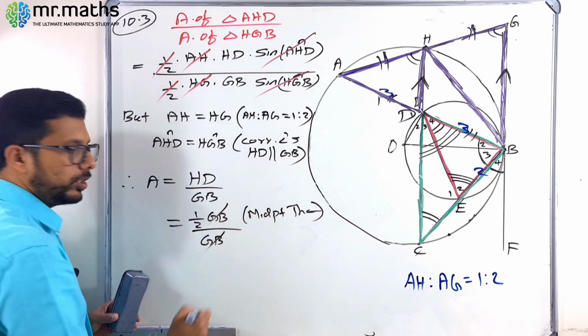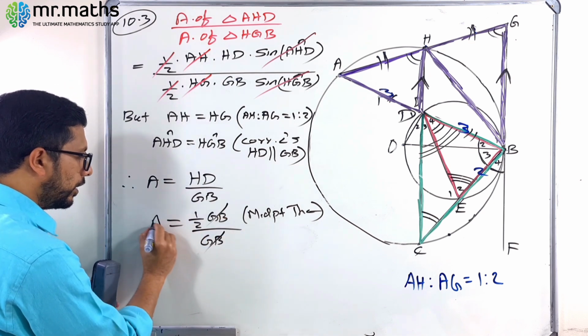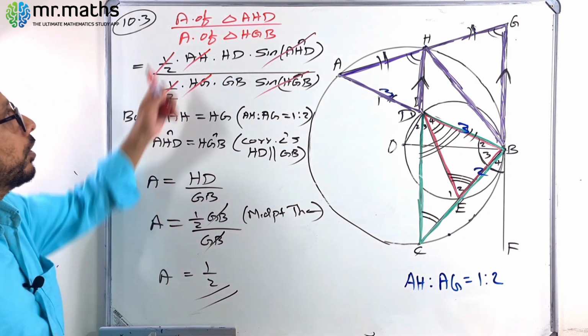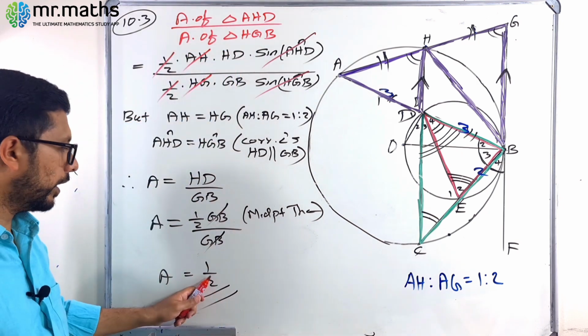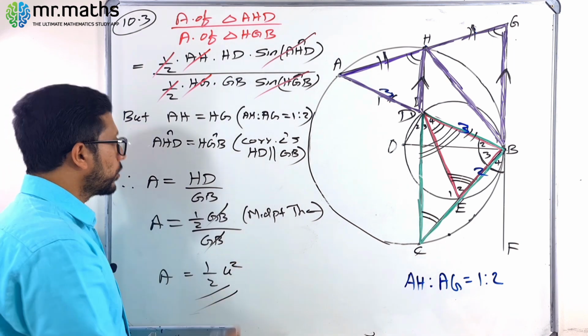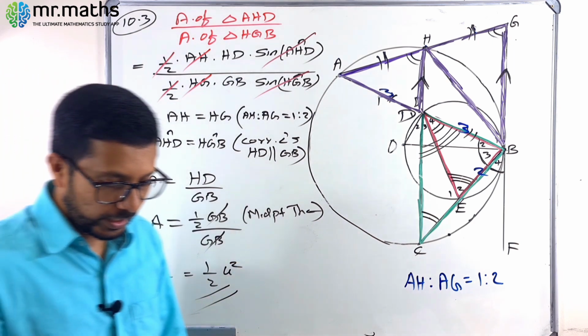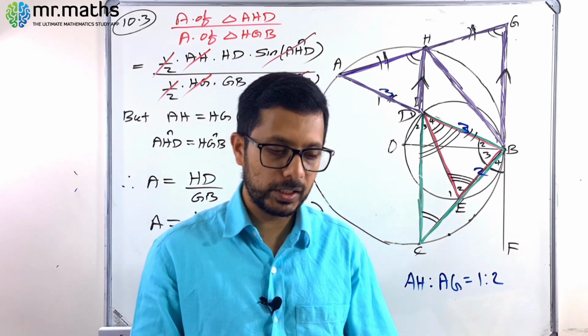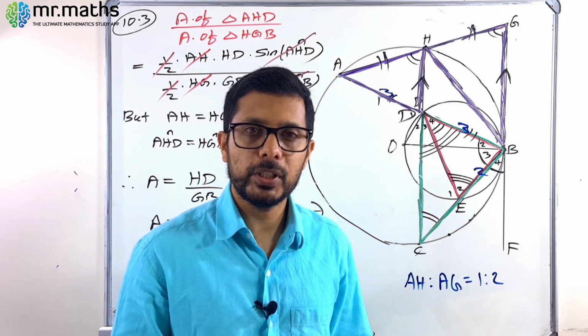So this GB and GB cancel. So what is the area? The area of this one divided by the area of this one is half, the answer is half. So that is question number 10.3, and that's the end of the Northwest September 2020 question paper.